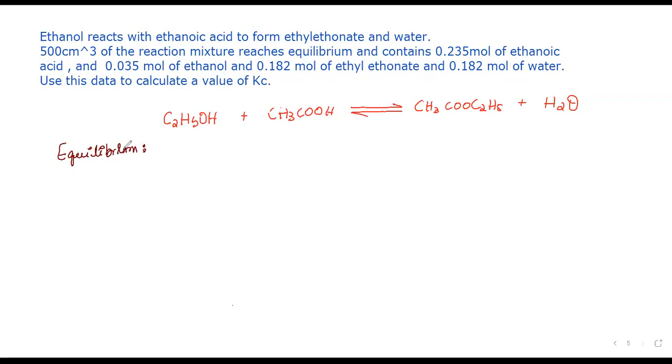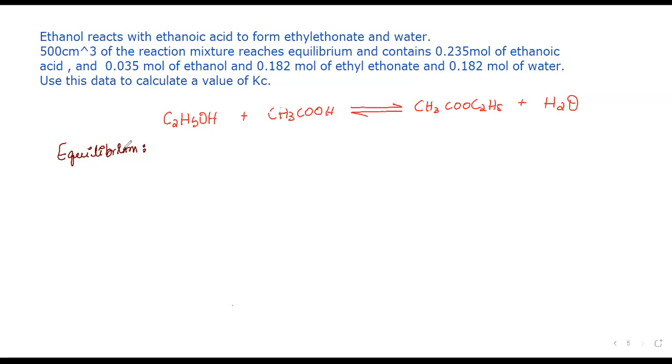Otherwise, if they haven't given you equilibrium values, you are going to make a proper table. You're going to write down the equation, then initial and the values given under it, then equilibrium and the values, and then you will do a calculation, which I will teach you how to do. Every time, make sure you write it down exactly like this, just for the sake of practice, so that you don't make any mistakes.